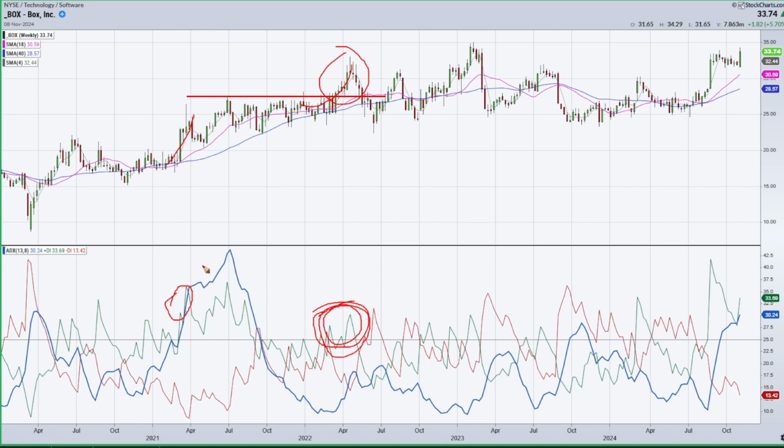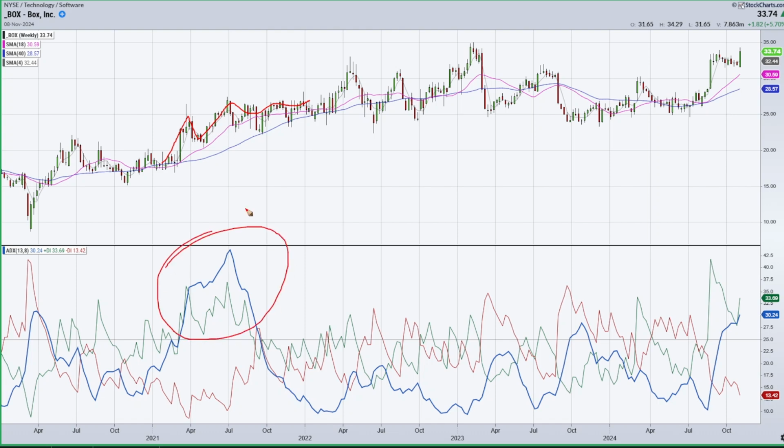Now, this becomes a lot more glaring after we have made a strong move to the upside that has been confirmed by the ADX, meaning we've been moving up and ADX was confirming, and now we make a new high and it does not confirm. That's where we know that this indication is a lot more important.